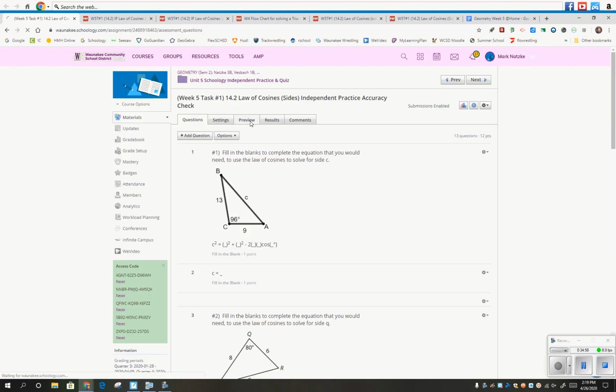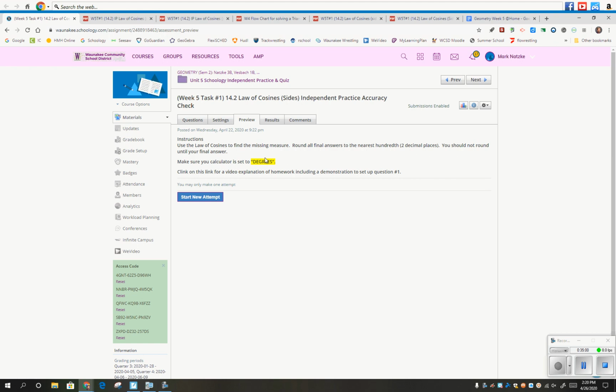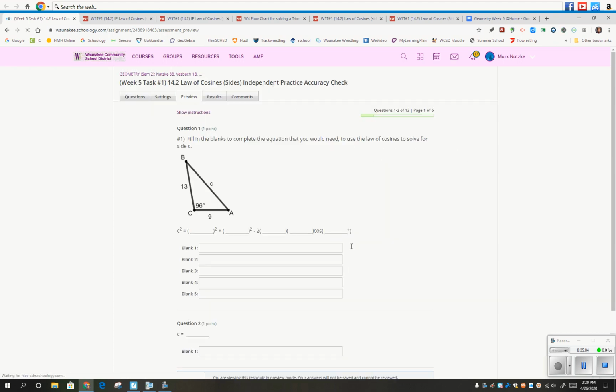When you submit it on Schoology, similar to what we did with Law of Cosines, remember, make sure you're in degrees. We're asking you to show your work. So the first formula is going to ask you to set up the Law of Cosines.